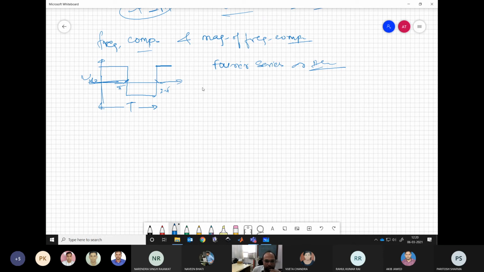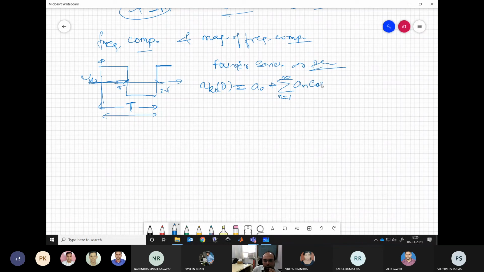If there is a repeating waveform, let us say VRO, then it can be expressed in terms of different components. Let us say it may have a DC component, or it may have cosine components having frequency from 1 to infinity, where 1 is the fundamental time period of this waveform, and then multiples of that.